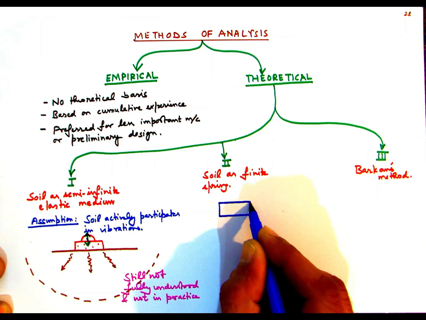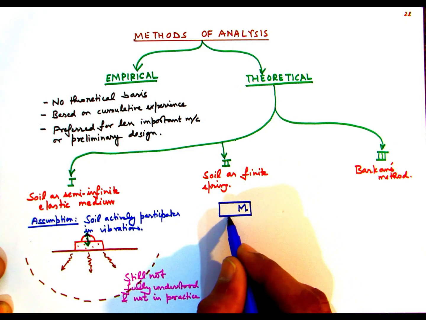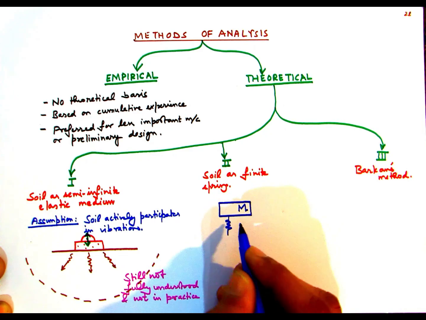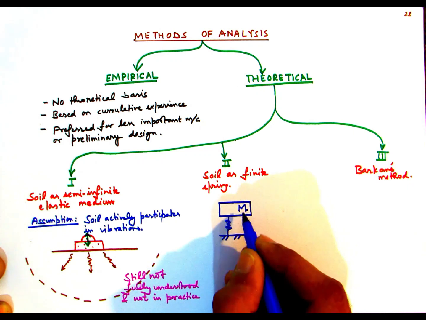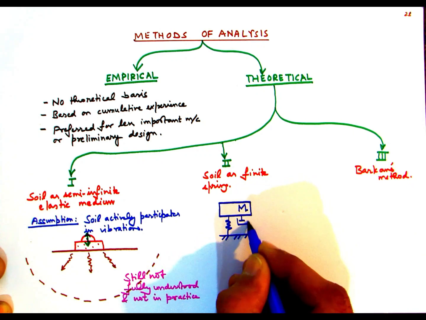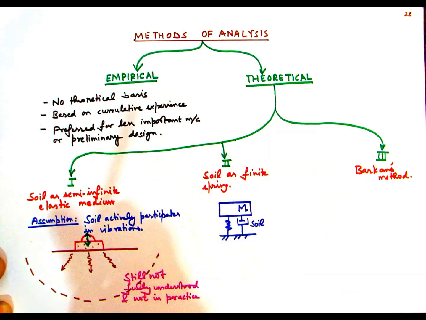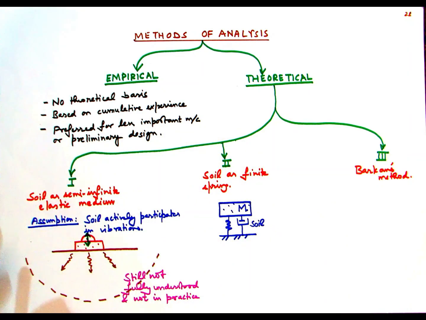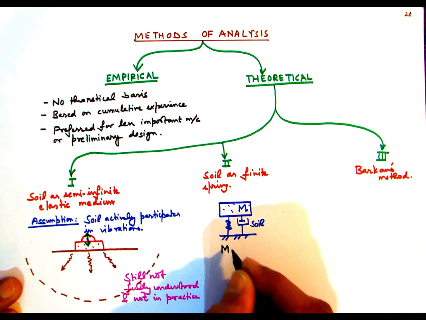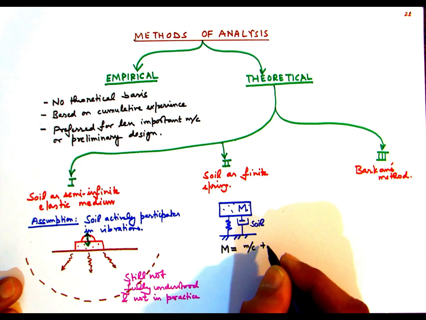The second approach basically assumes that the block is being supported by a spring damper represented by soil, as shown here. A very important feature of the approach is that here the mass m which you are seeing is not just the mass of the block and the machine.